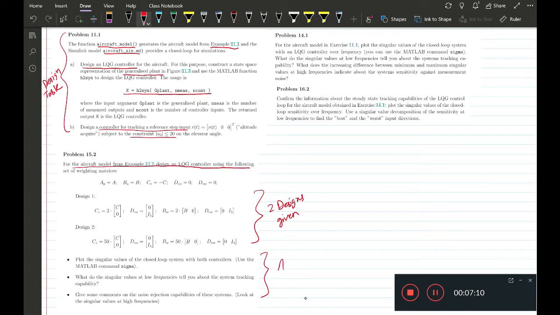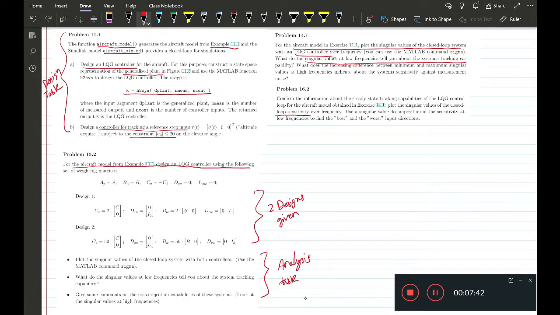So this is an analysis task with the help of sigma plots. Now 14.1 is also very similar. Again, consider the aircraft model, plot the singular values of the closed loop for an LQG controller, which could be chosen as either 11.1 or 15.2, and then interpret the sigma plots or singular values.